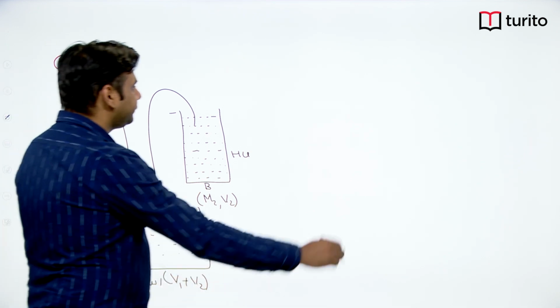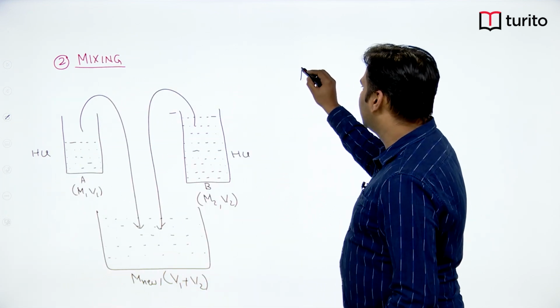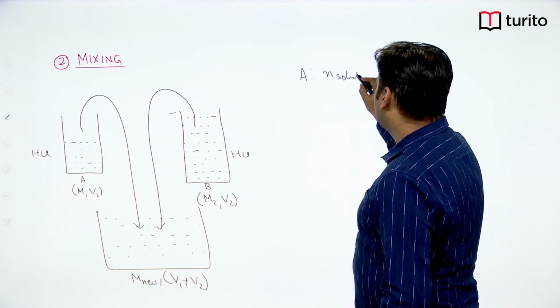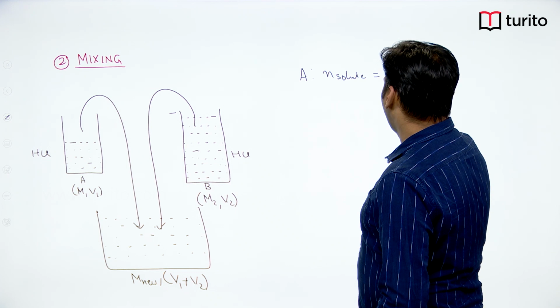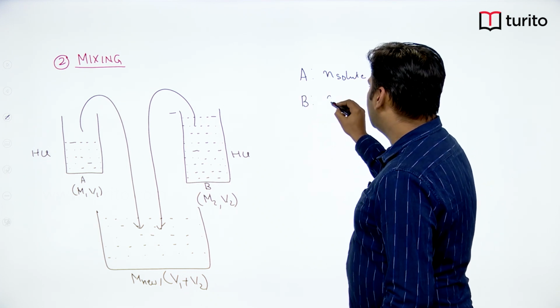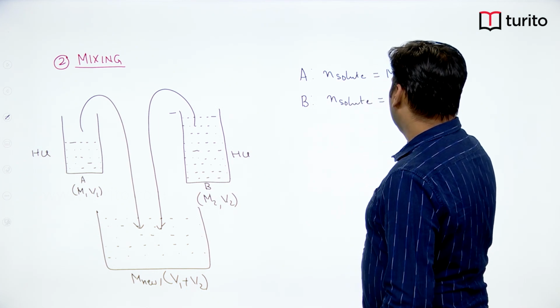So we know that in the initial beaker A, the number of moles of solute was M1 into V1. In beaker B, the number of moles of solute was M2 into V2.